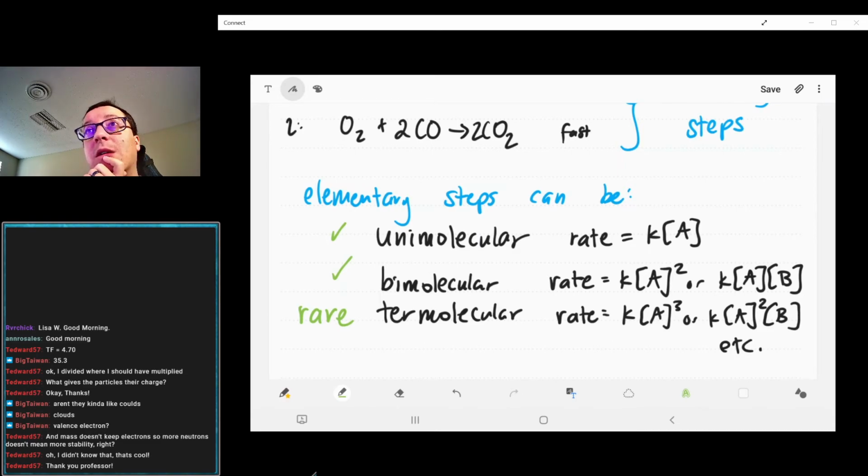If we think about the probabilities of 2 molecules hitting each other with the correct energy and orientation, it's pretty low. And so now if you want to think about a third molecule coming in at the same time with the right energy, with the right orientation, the odds become so low that it's, I don't want to say impossible, but highly, highly improbable.